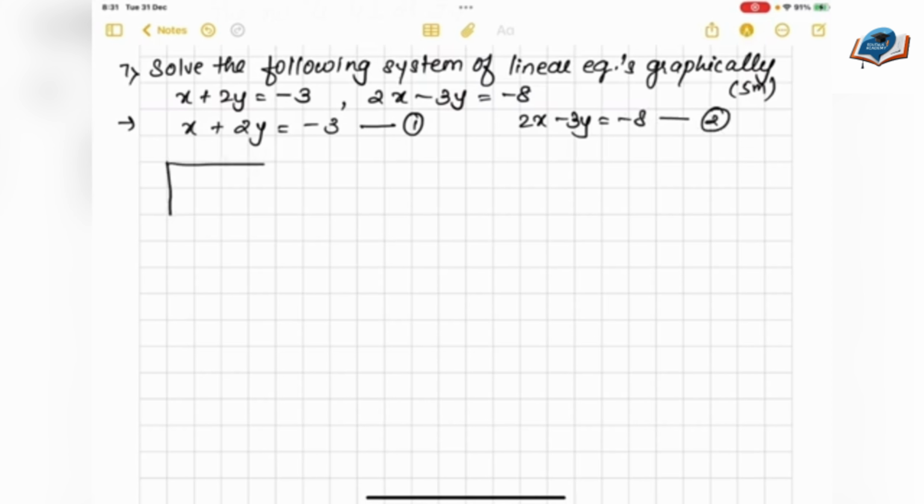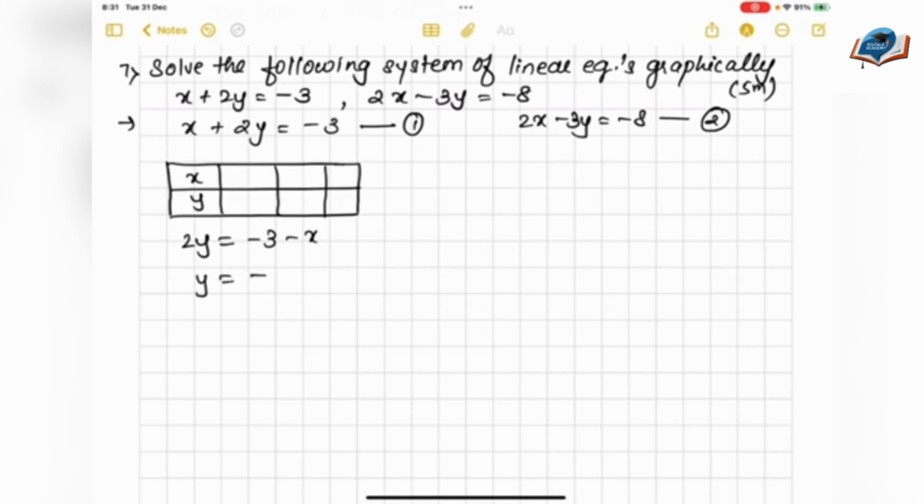Now I need to find the solution x and y. At least 3 points I need to find to plot the graph. So for this I can say 2y equal to minus 3 minus x. So y will be (minus 3 minus x) upon 2.